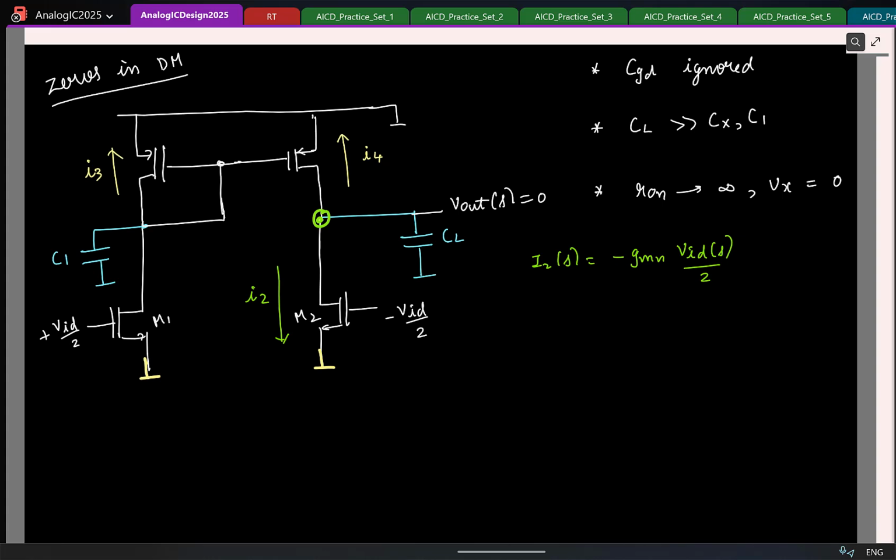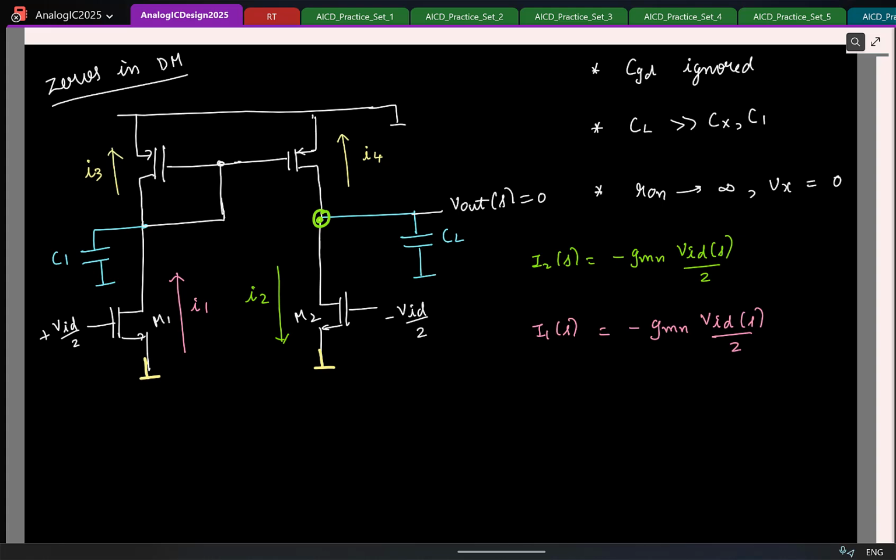So first tell me what is the current flowing this way through M1. Yeah, so I1 of S is minus Gmn Vid of S by 2. So I have a current I1 that is getting pushed into this node. This current can either flow through the transistor here or through the capacitor here.